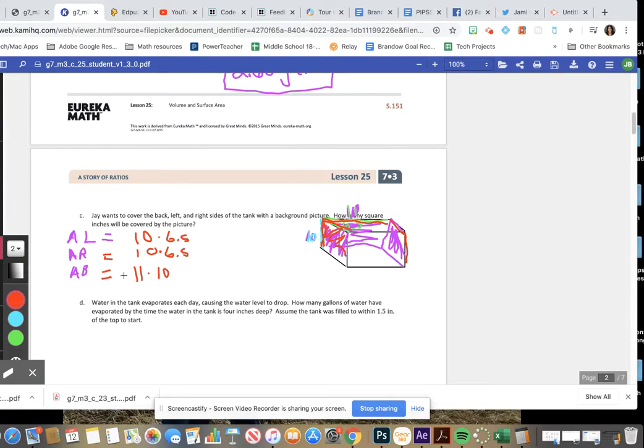And then we can add all of these together once we multiply. So 10 times 6.5 is 65. And again, 10 times 6.5 is 65. And 11 times 10 is 110.